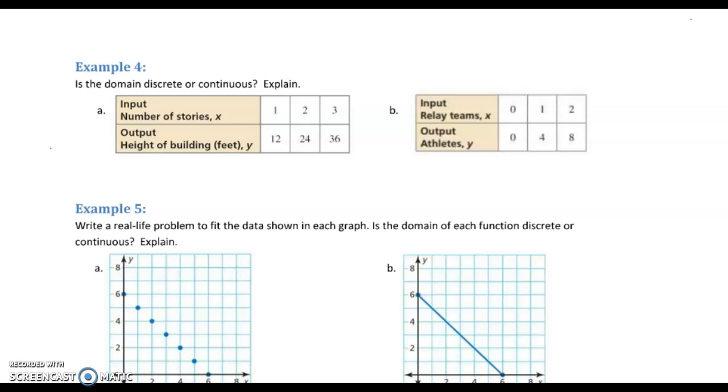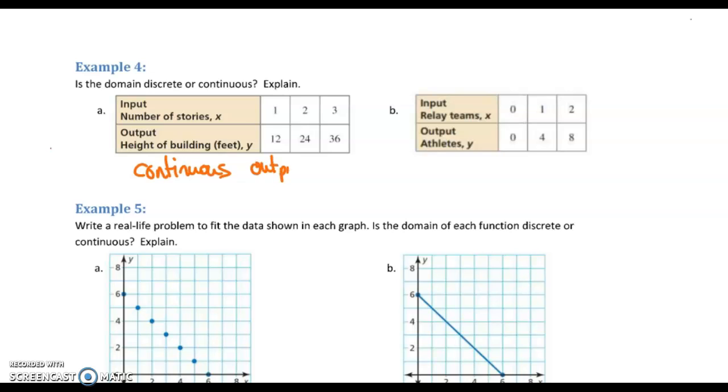And our reason is, if you think about the height of the building, you can have homes that are 1.5 stories. That's absolutely possible. You can have buildings that the first story has more feet than the other stories because maybe they have a ground floor with a big vaulted ceiling, and so it has a really grand entrance. So basically, you could have any output.